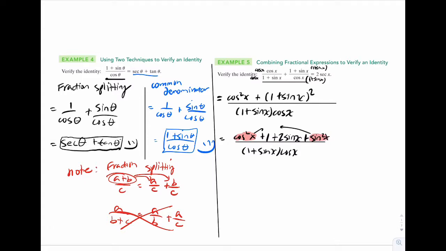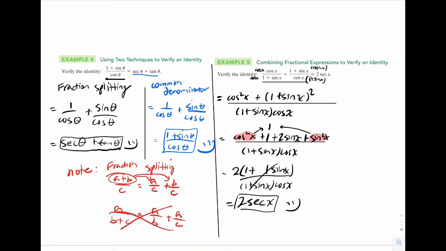That becomes 1, which means now we have 2 plus 2 sine x over 1 plus sine x times cosine x. Now we can use the technique factoring, so let's just rewrite that. Let's factor the 2 out. 2 times 1 plus sine x, and look at that. That cancels. 2 over cosine is clearly 2 secant x. Box it, put a happy face. Done.